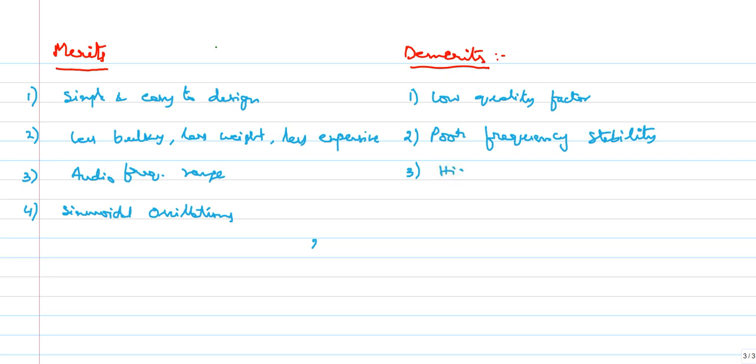If we use it for high frequency, the capacitors in our RC network will be very small, comparable with stray capacitances, which is the capacitance generally available with the wires.